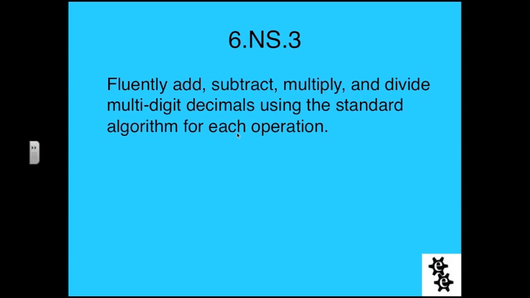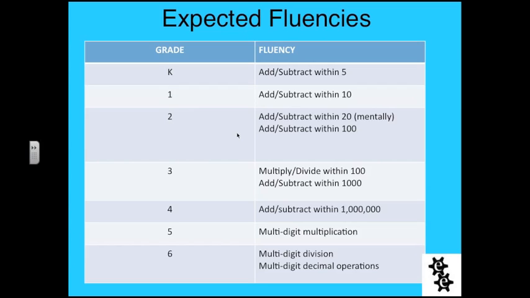There's a little chart here that explains what the expected fluencies are in each of the grades K through 6. So you can easily see what is expected in terms of fluency for each grade level. It's mapped out for you clearly and in a way that's easy to follow and easy to understand.